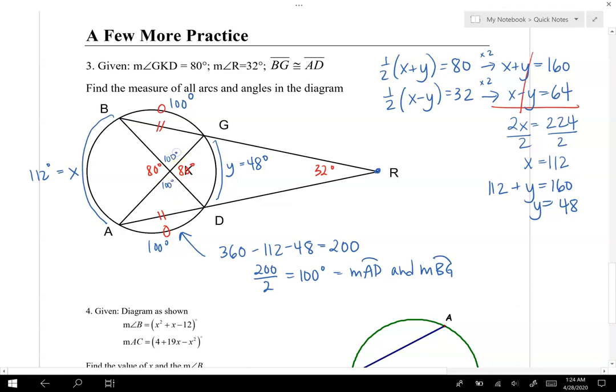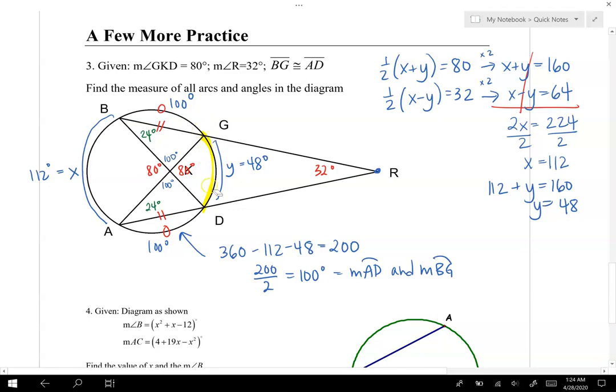There's actually other sets of angles you could find. If you haven't looked at these yet, you have an inscribed angle here that opens up to 48, so this must be half, so that's your 24. You have another inscribed angle that opens up to the same arc of 48, so this is also 24 because it's half of that.